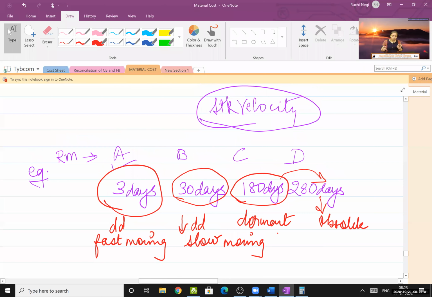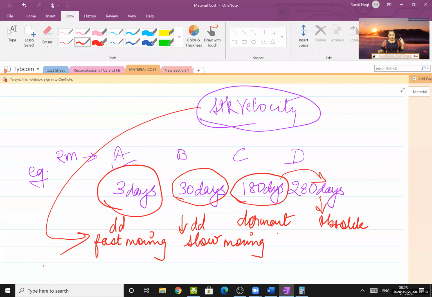The objective of studying raw material turnover ratio is that the raw material velocity helps you to identify raw material as fast moving, slow moving, dormant, and obsolete. Am I clear? Acknowledge it in the chat box. Okay, fine.